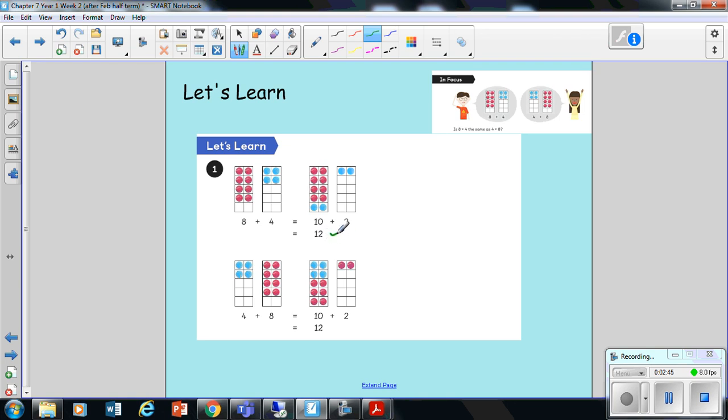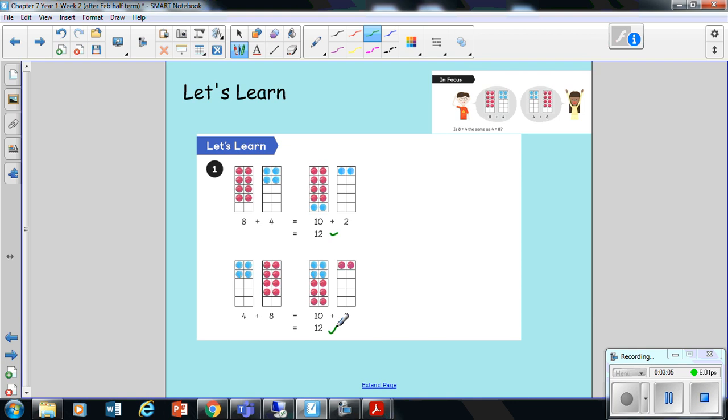So there's my first answer. Then I've got 4 add 8 equals, so I've got my 4, I've taken 6 out of my 8 to make my 10, then I've still got 2 left over, so I've got 10 add 2 makes 12. So that's the way I've done it.